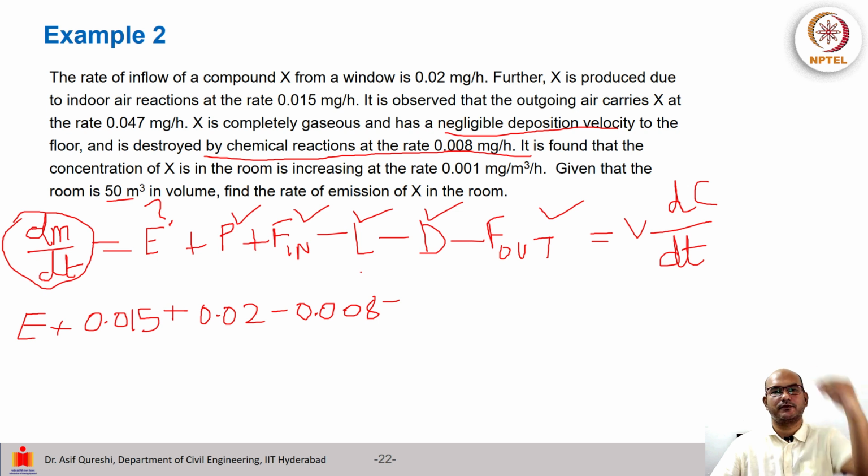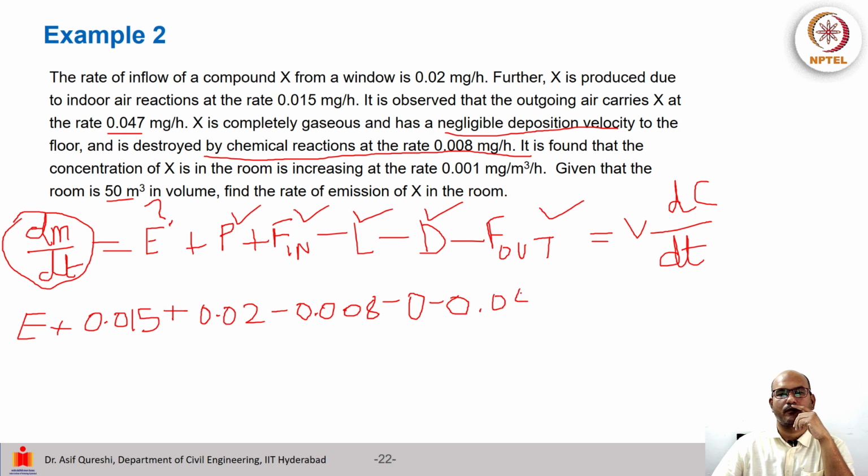So no deposition velocity, meaning there is no velocity going down, so that is 0 deposition, minus F out, which is 0.047, and this is equal to V dC by dt, which was 0.05.